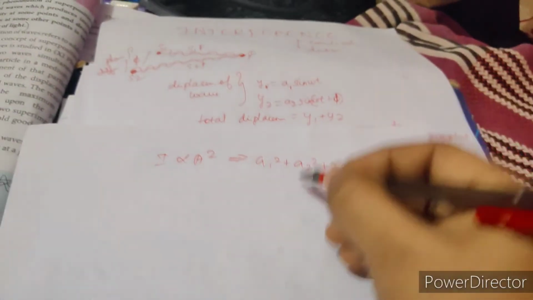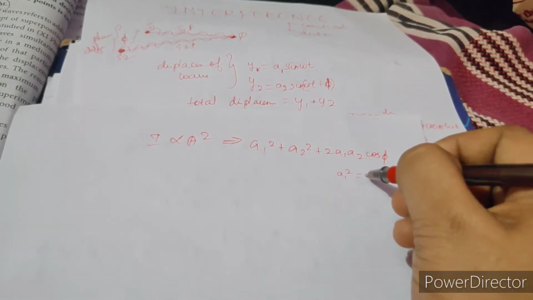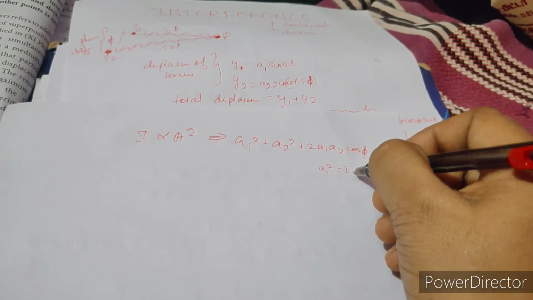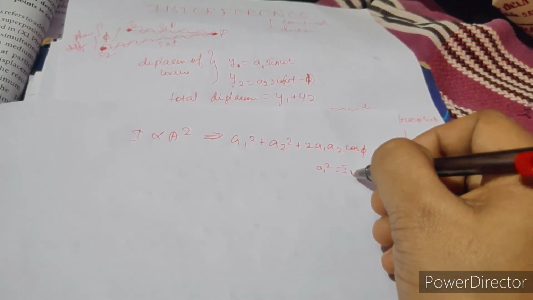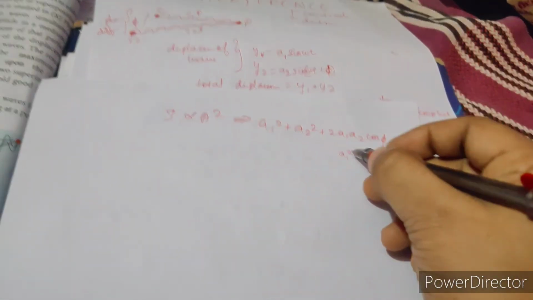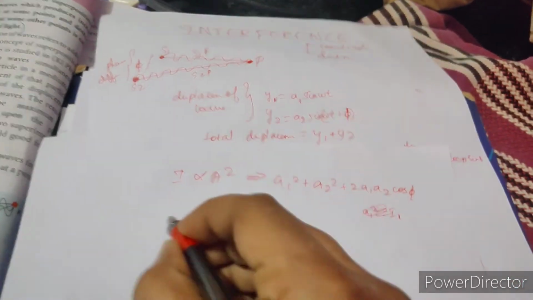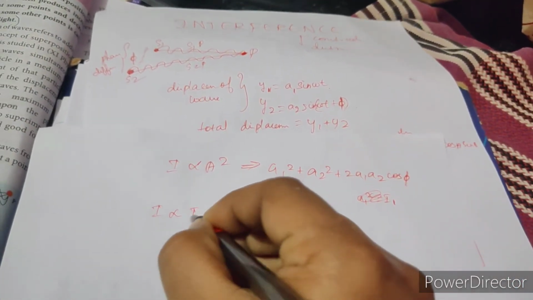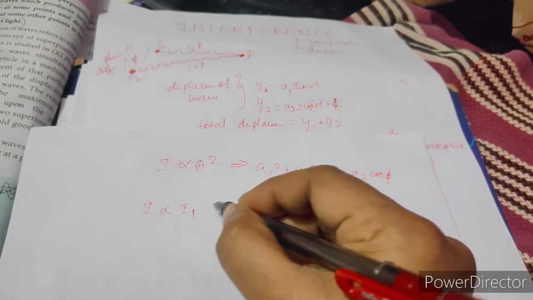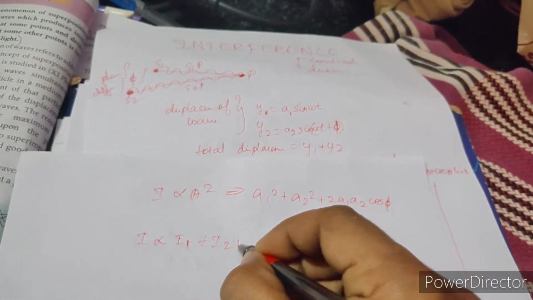So here I am going to write I is directly proportional to I1, because I am going to take this A1 square as I1. Okay, take this A1 square as I1 and A2 square as I2, like that. I3, I4, however many amplitudes you have, like that you can take intensity, because that is amplitude. So I is directly proportional to I1 plus I2 plus 2.